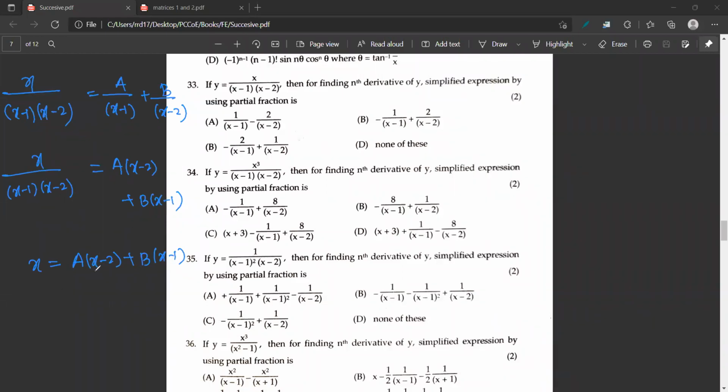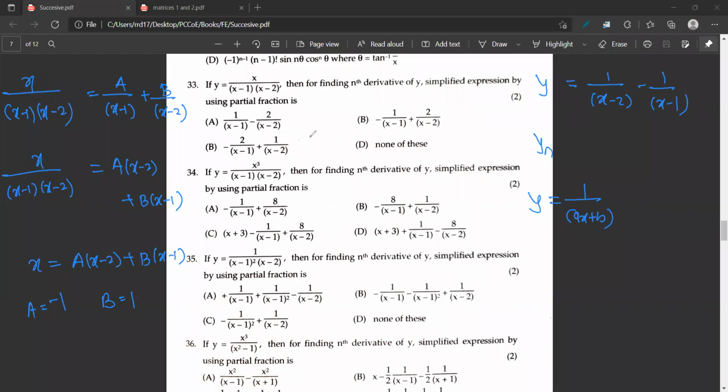Put x is equal to 1, we'll get a is equal to -1. And put x is equal to 2, we'll get b is equal to 1. So this is going to be equal to 1 upon (x - 2) and -1 upon (x - 1). See, we get y. Now yn is asked, then use the formula of 1 upon (ax + b). Understood how to solve this?